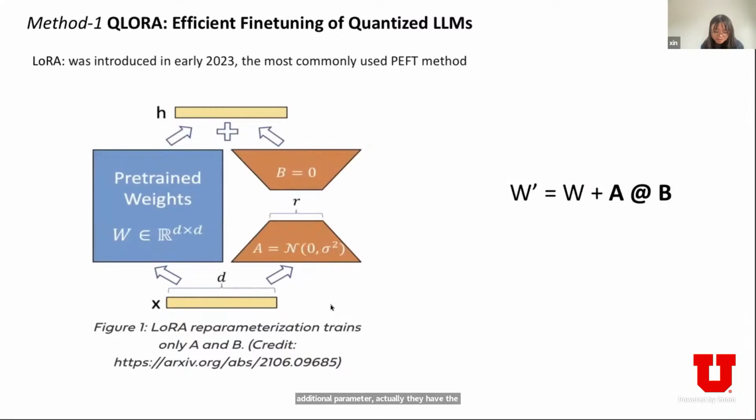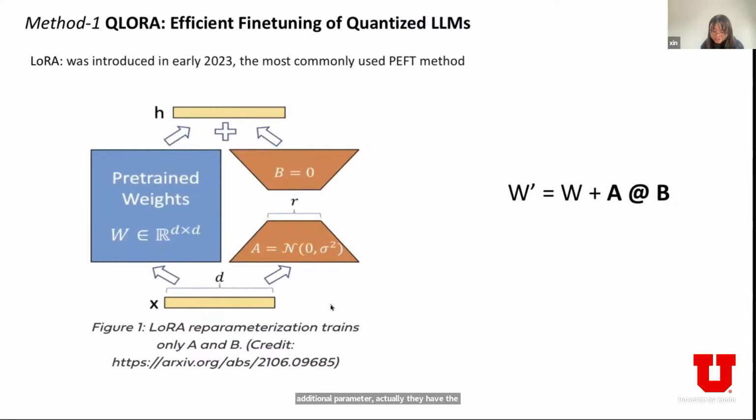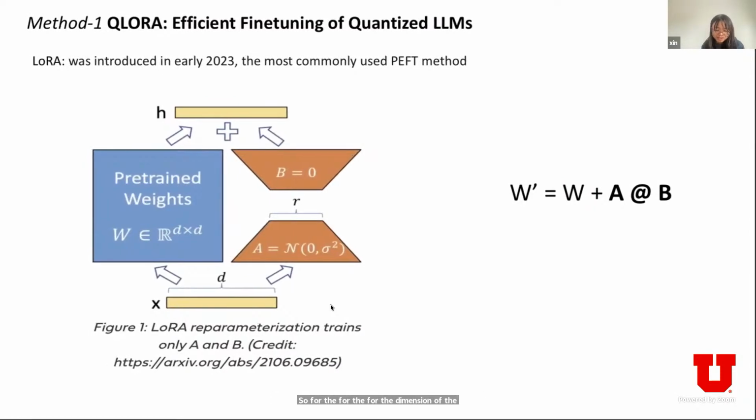For the dimensions of tensors A and B, A has the dimension D by R, and B has the dimension R by D, and R is always very small, for example R equals 2.